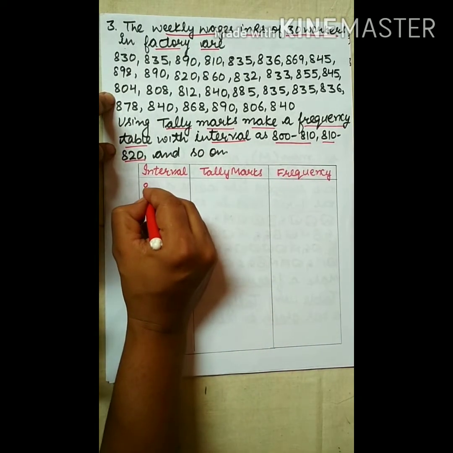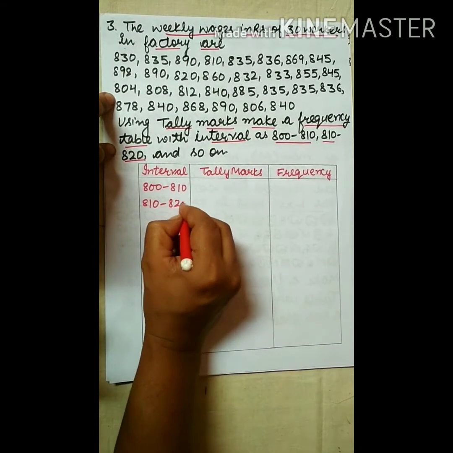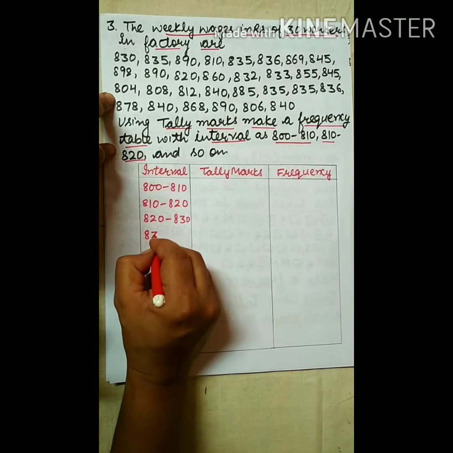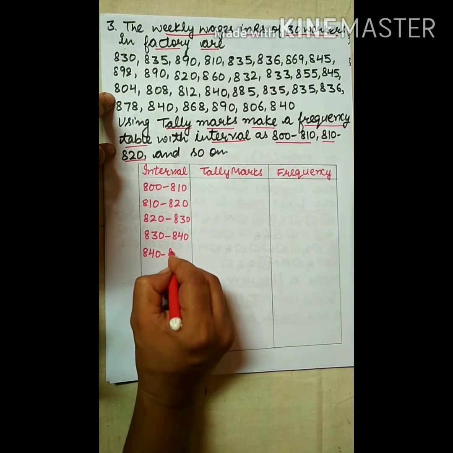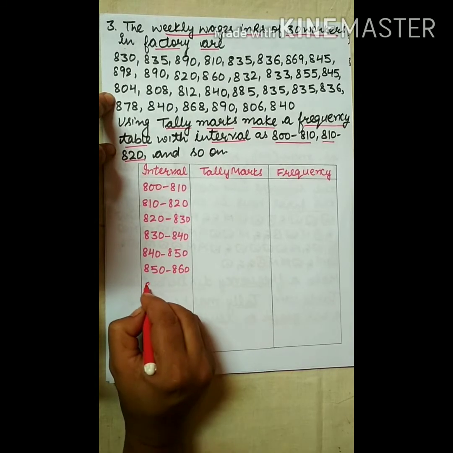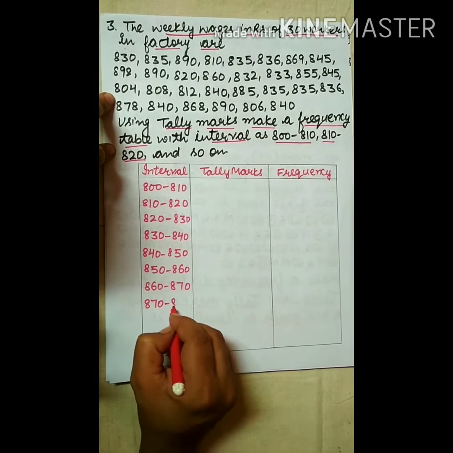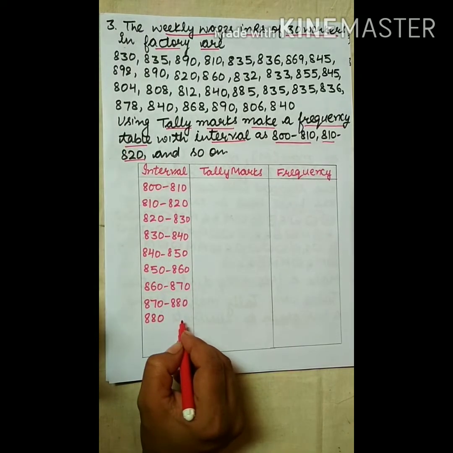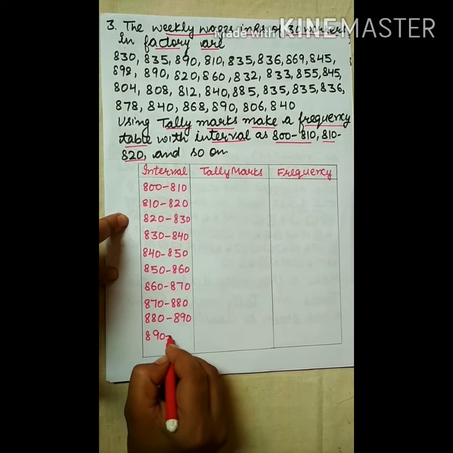That is 800 to 810, 810 to 820, 820 to 830, 830 to 840, 840 to 850, 850 to 860, 860 to 870, 870 to 880, 880 to 890, 890 to 900.